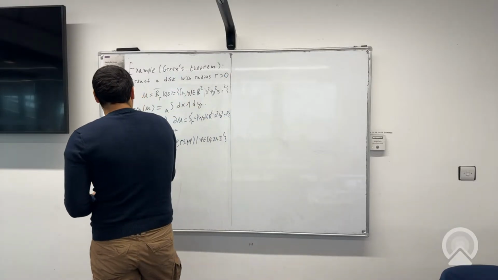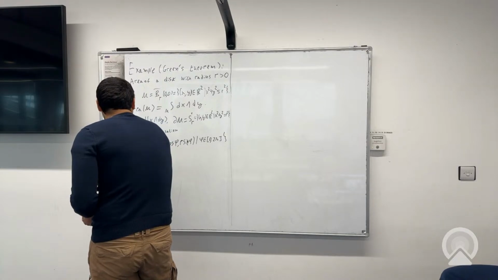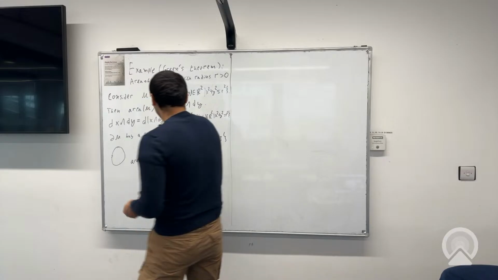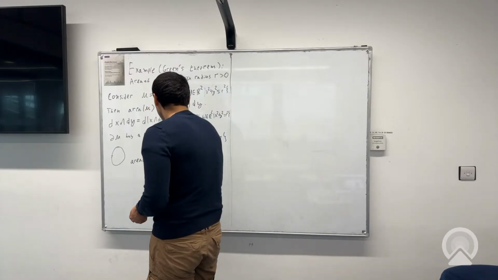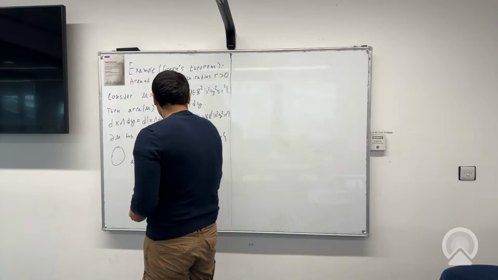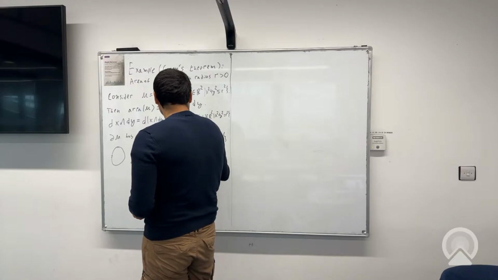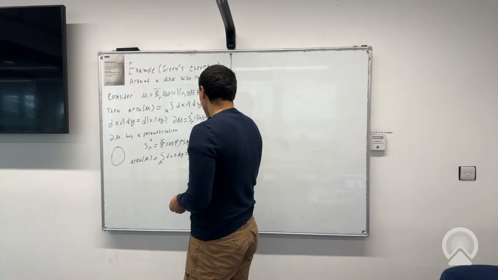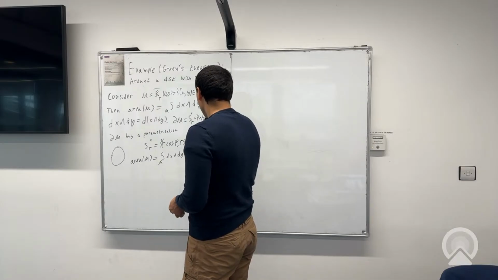So the area of M is the integral over M of dx wedge dy, which is the integral over M of d of x wedge dy.